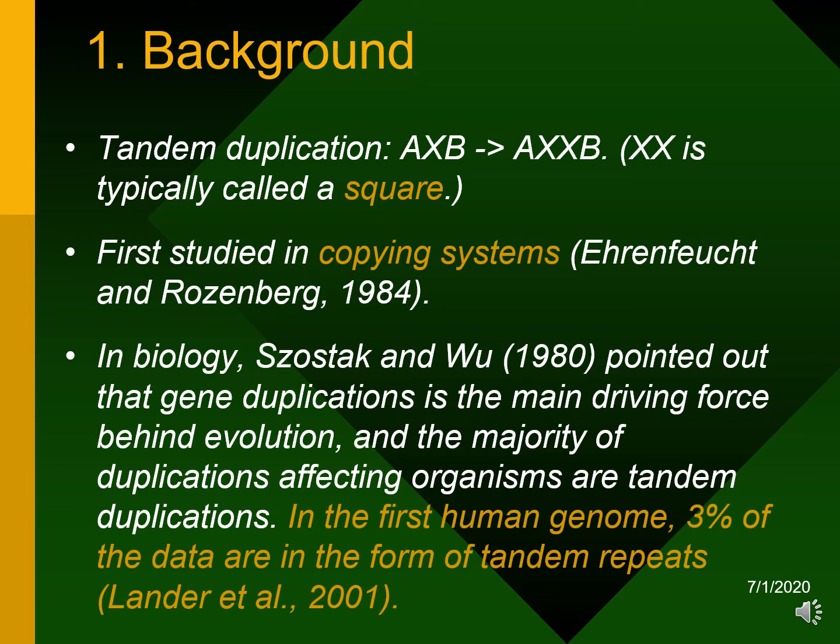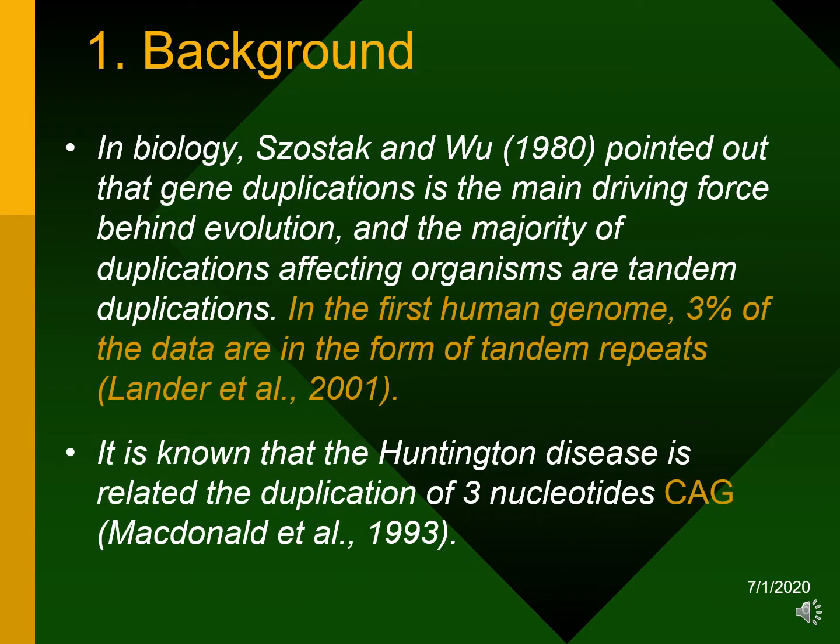As a matter of fact, in the first human genome after it was sequenced, it was found that about 3% of the data are in the form of tandem repeats. As another example, McDonough et al. showed in 1993 that Huntington disease is actually related to the tandem duplication of three nucleotides, CAG.